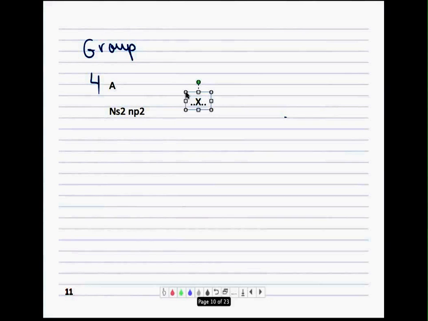So, group 1A, 2A, 3A, 7A, 6A, 5A, their Lewis dot structure represents exactly the electronic configuration in terms of the number of paired electrons and unpaired electrons. 4A is different because it undergoes hybridization, where NS2 and NP2 combine with each other to form the same orbital, which we're going to talk about in chapter 9.